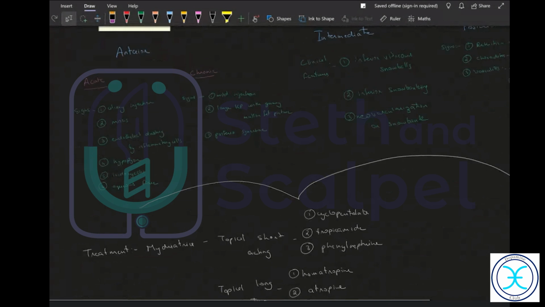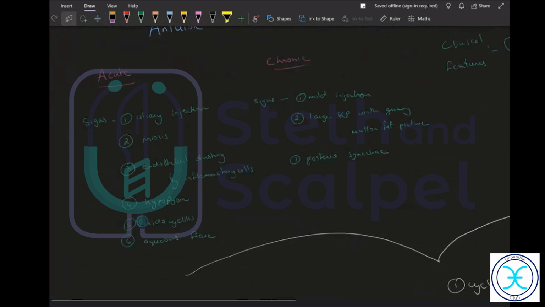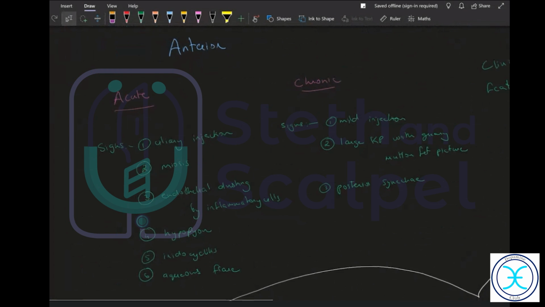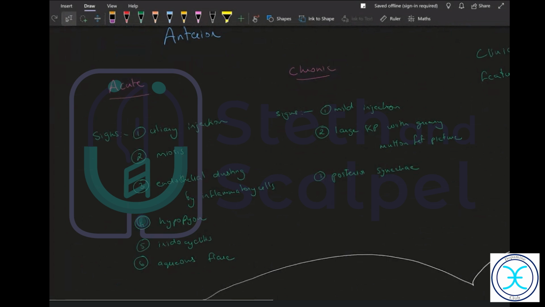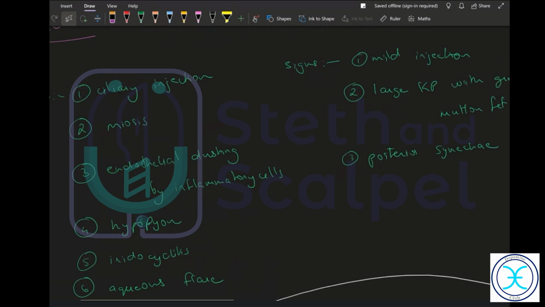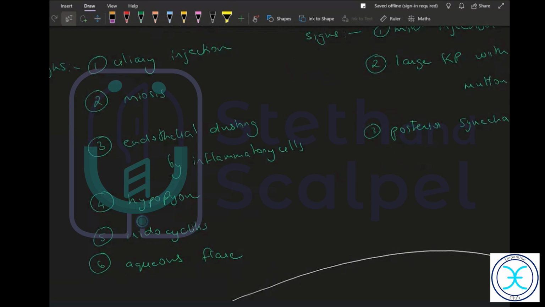These are all the signs you're going to see in acute and chronic anterior uveitis: ciliary injection, miosis, endothelial dusting by inflammatory cells. Basically signs of inflammation. Don't try to memorize this as so many points.